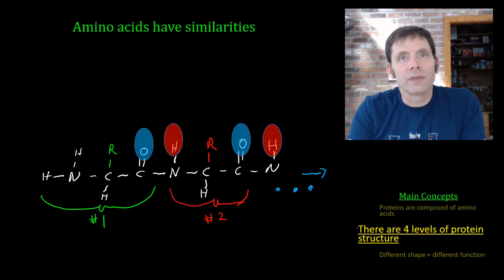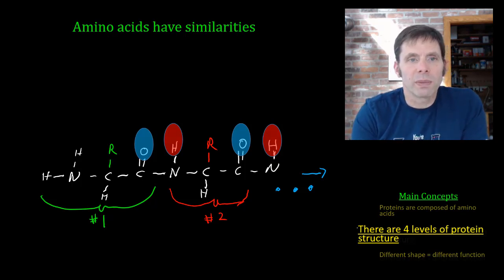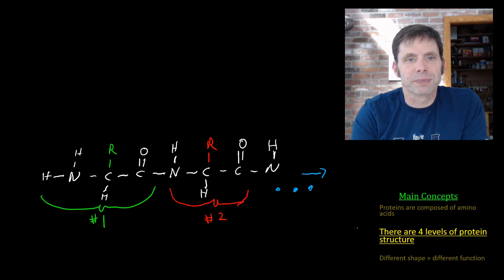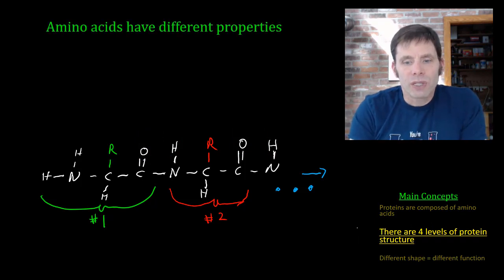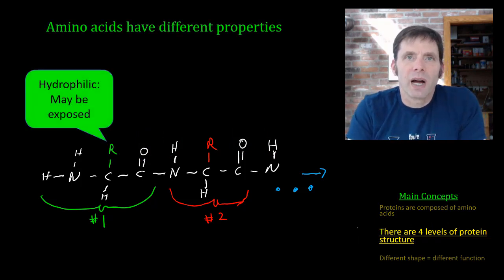Okay, so if the secondary structure takes care of the components of the peptide bond that are the same for every amino acid, what about the parts that are different? If we look now at the R groups, a hydrophilic R group may be exposed to solvent.